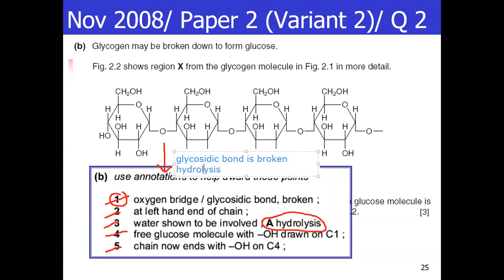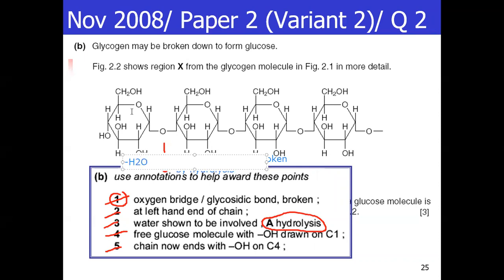So you can also write there, by hydrolysis. Okay, then you can write here minus water molecule. Sorry, not minus. It's actually plus water molecule. Okay, plus water molecule, plus H2O. Okay, so with that, you will score the full marks.